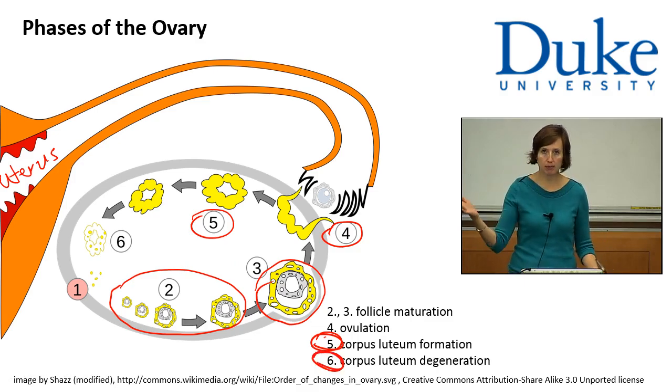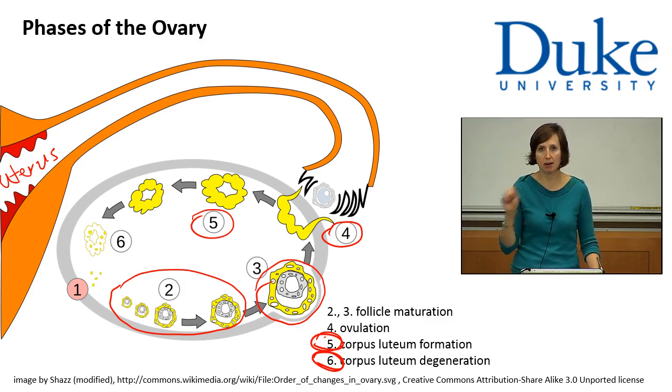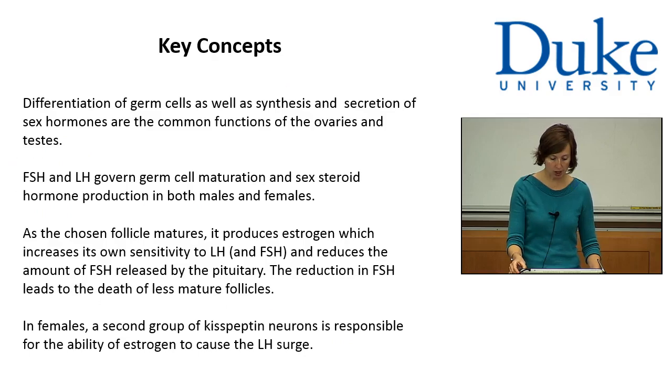It will give up and say, okay, we haven't gotten pregnant, it's time to stop and start this all over. So it will degenerate, meaning that estrogen and progesterone production will dramatically decrease, which is what leads to menstruation and the cycle beginning again. And we'll talk much more about that in the next session.